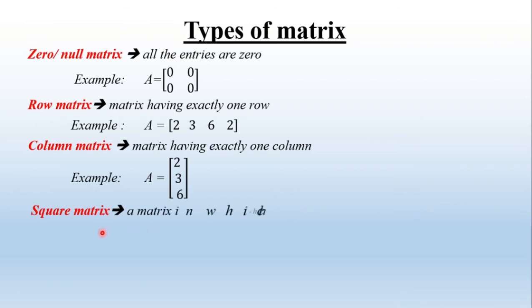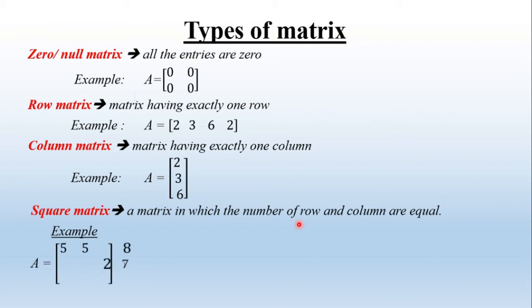ነው. Square matrix: a matrix in which the number of rows and the number of columns are equal. የኮለመኑ ብዛትና የሮው ብዛት እኩል ከሆኑ the matrix is said to be a square matrix ይባላል.